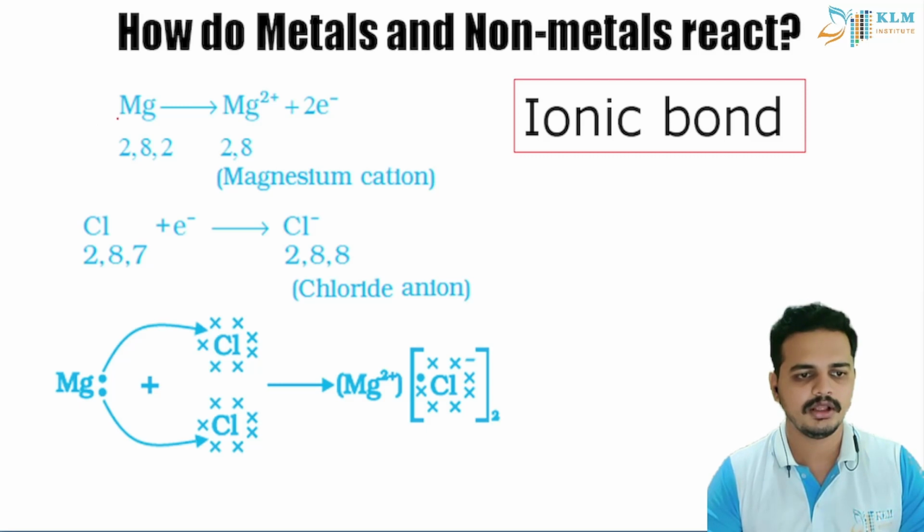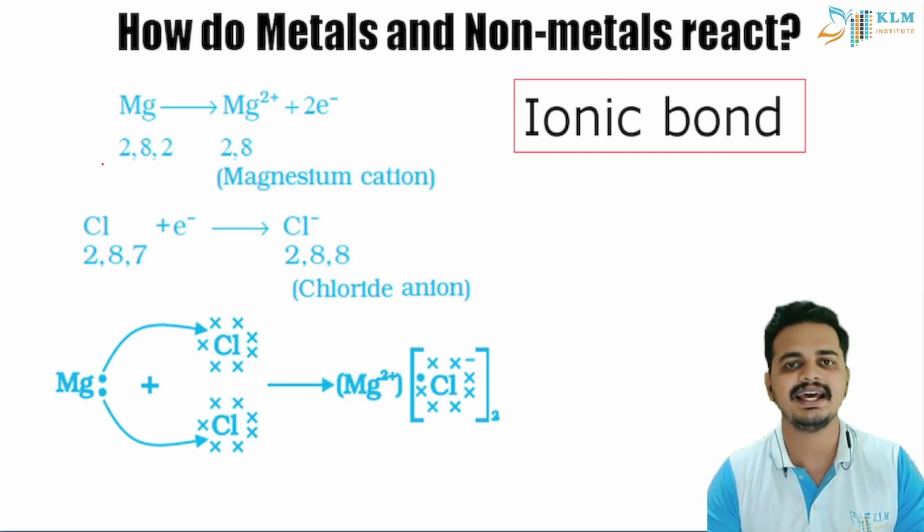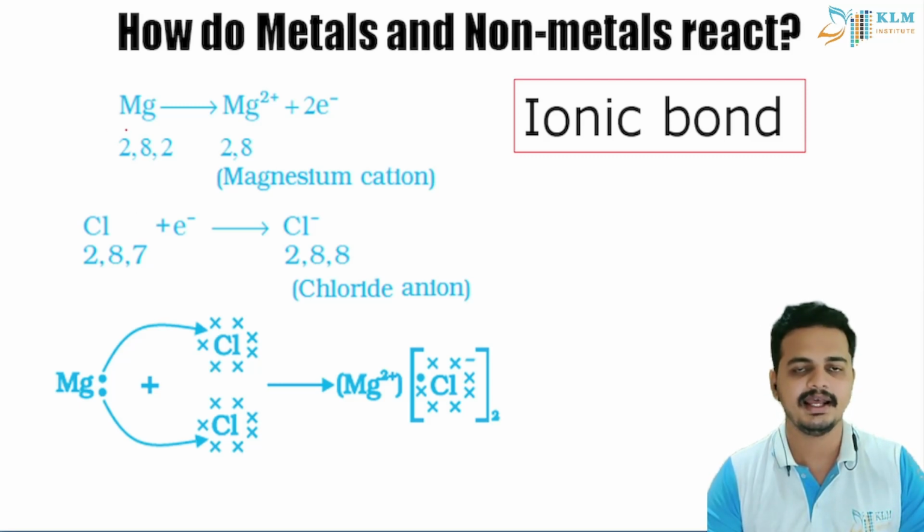Or you can also call this bond an electrovalent bond. That is not necessary to remember, but it makes more sense. Electrovalent, that is, electrons in the outermost shell are transferred from one atom to another atom.